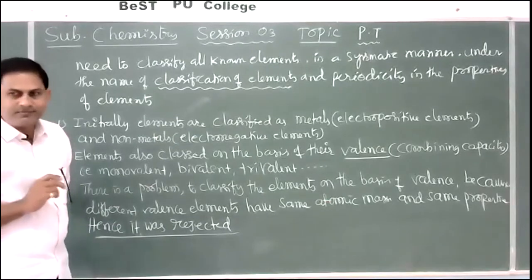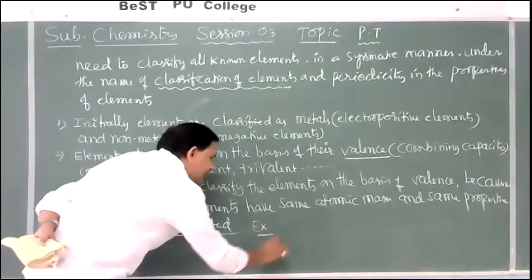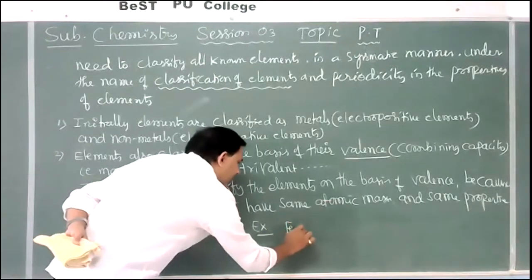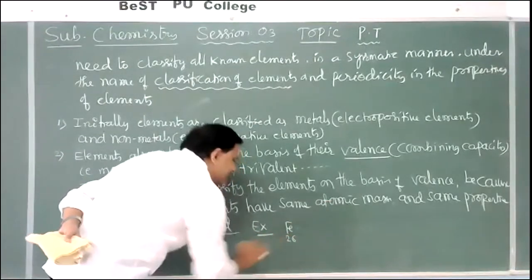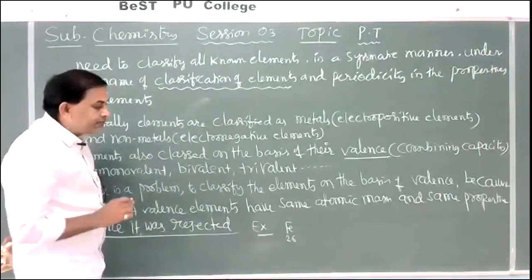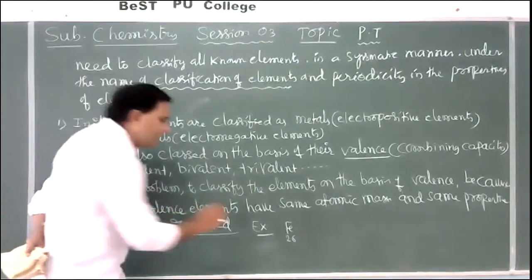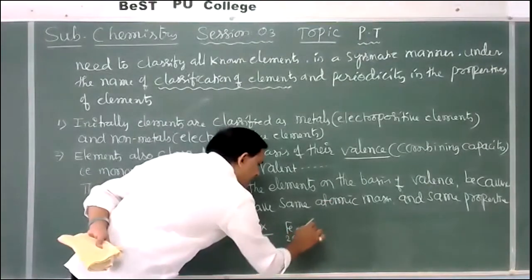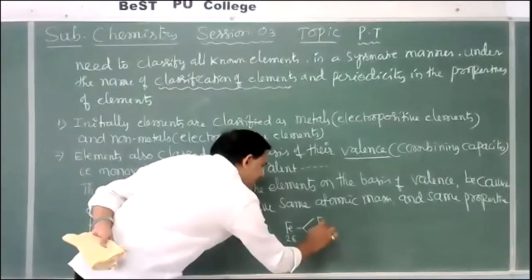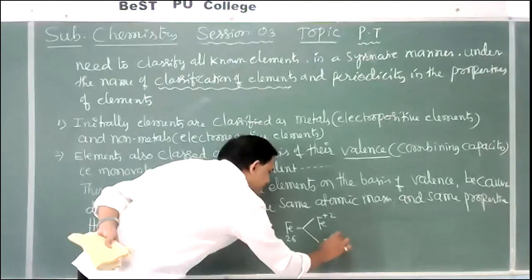For example, here iron is there. Iron, Fe, atomic number is 26. Atomic mass is 55.5, 56. Now this iron exists as Fe plus 2 as well as Fe plus 3.